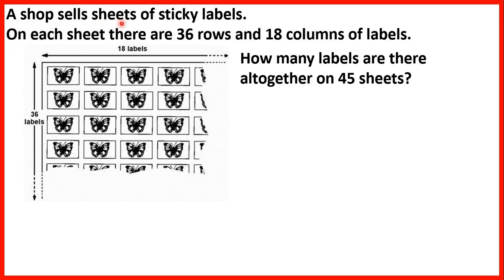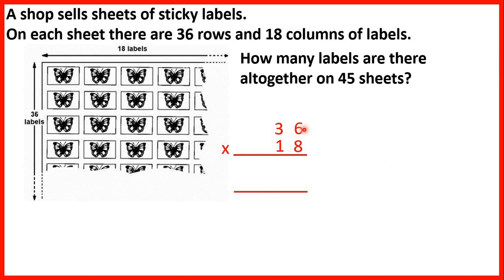A shop sells sheets of sticky labels. On each sheet there are 36 rows and 18 columns of labels. How many labels are there altogether on 45 sheets? Well, first we need to work out the number of labels on each sheet, and we can see that we have 18 labels in each row and we have 36 rows.